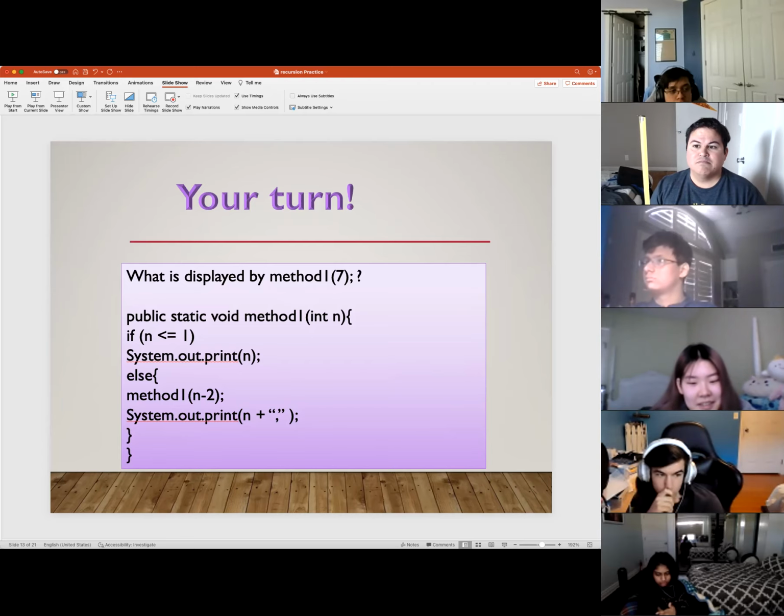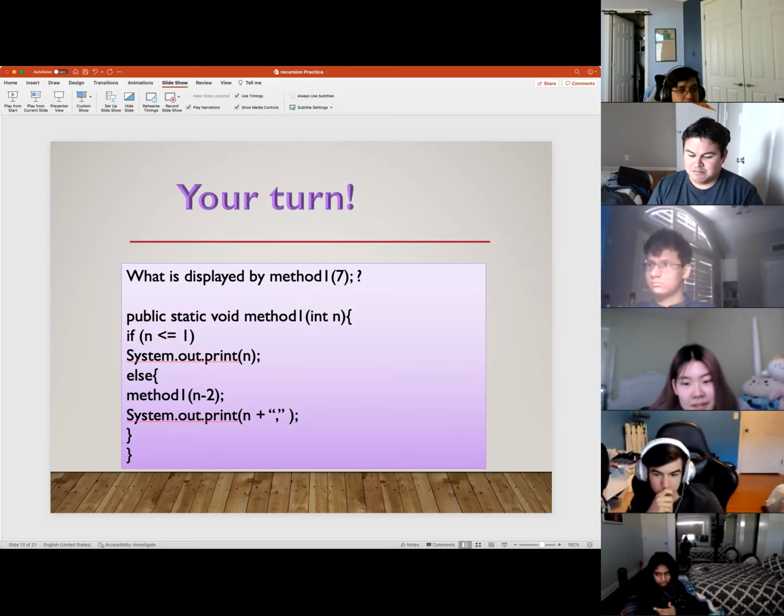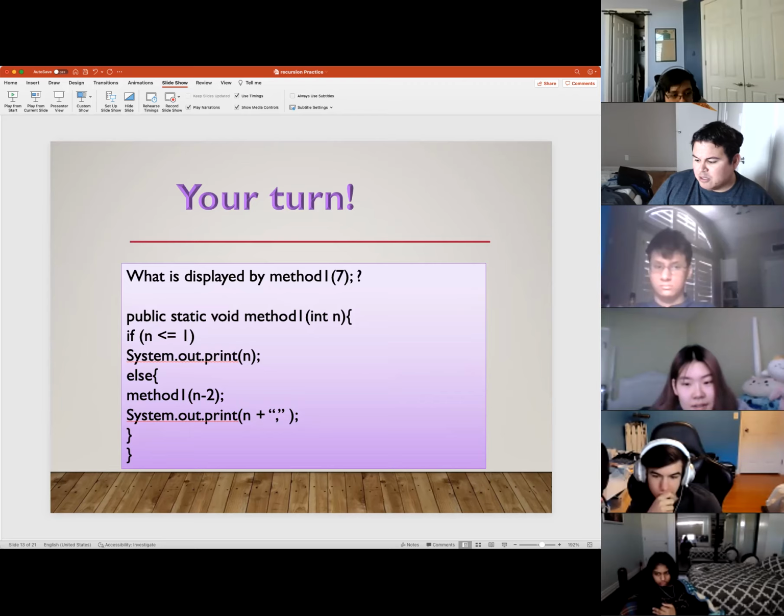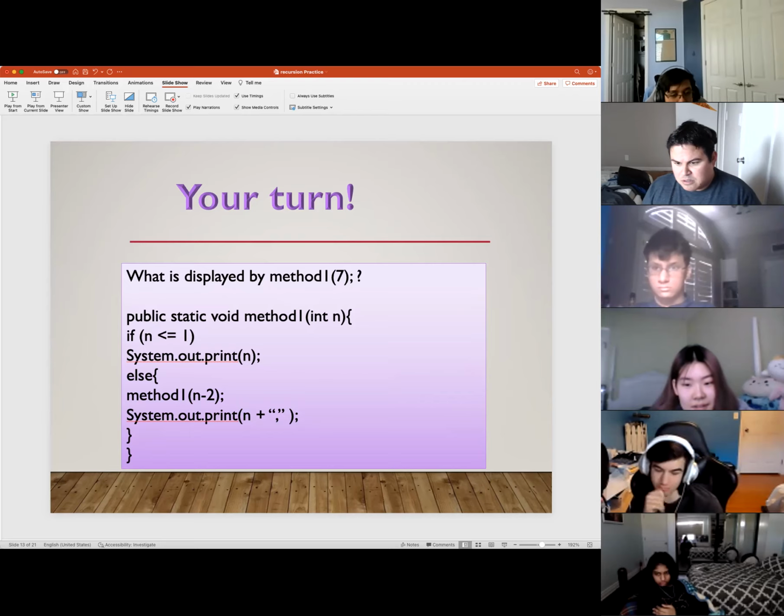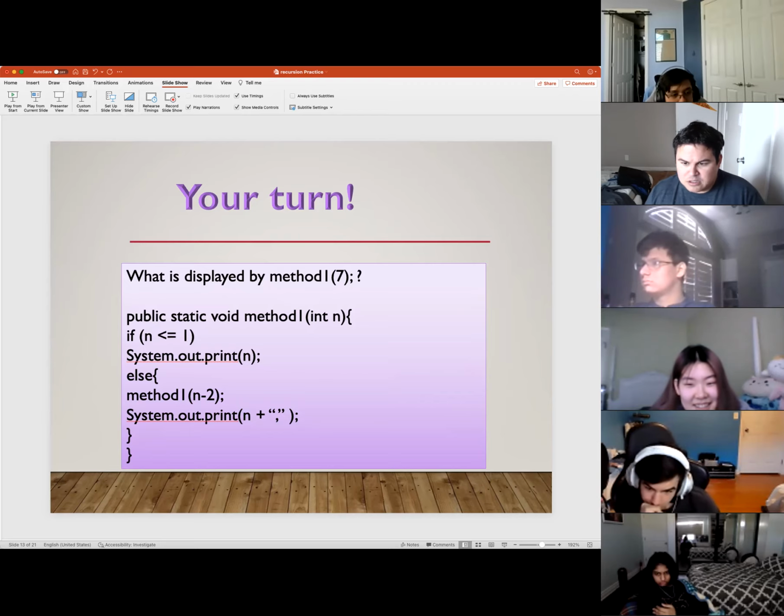This is a ruler. I should have been a professional rapper.